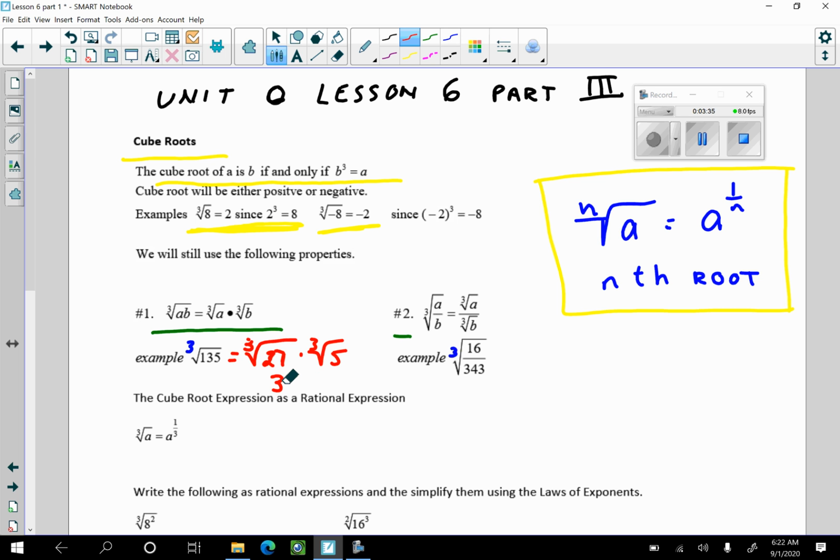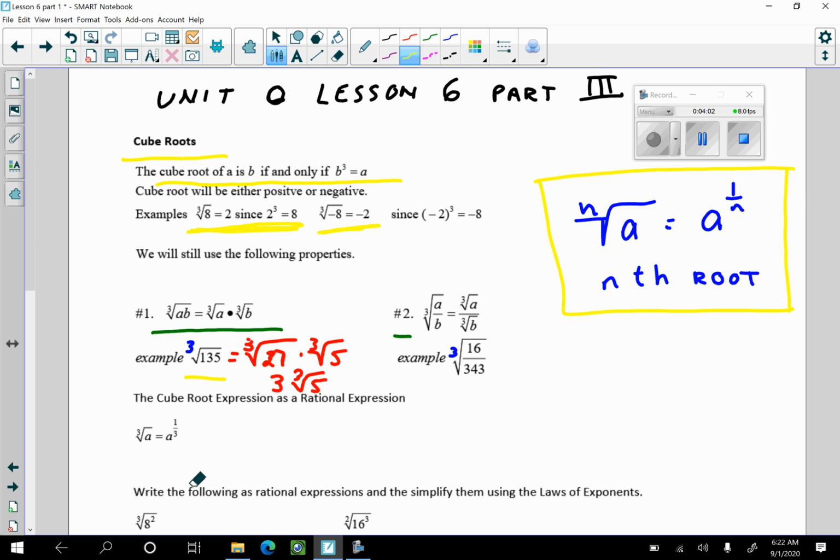Why? Because 3 times 3 times 3 is 27. So this is 3 times the cube root of 5. That's what this guy is simplified as. So the cube root of 135 is 3 cube root of 5. 27 times 5 is 135. Okay, and the cube root of 27 is 3.